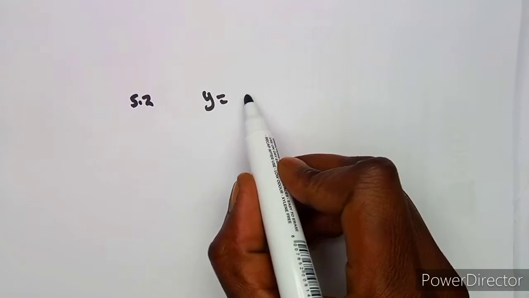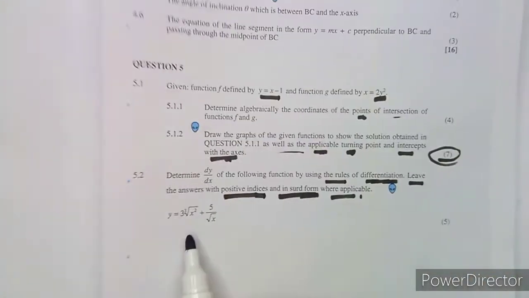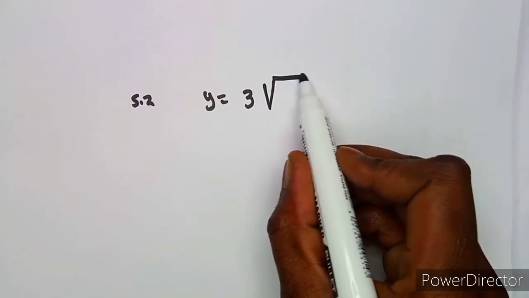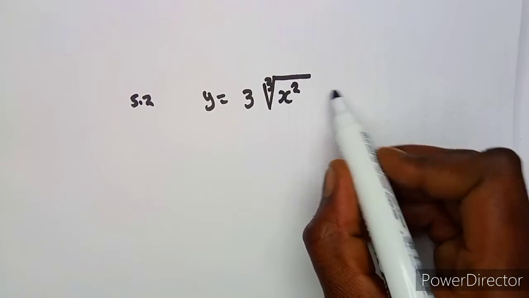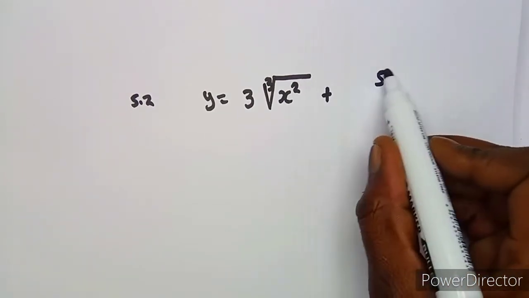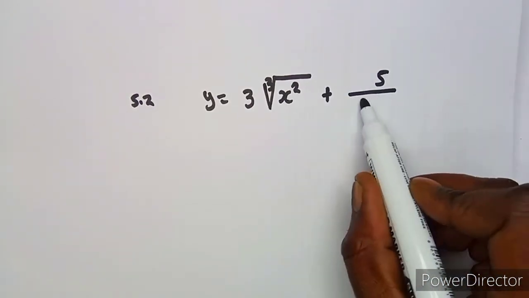So remember, y is equivalent to 3 times the cube root of x squared, plus 5 over the square root of x.